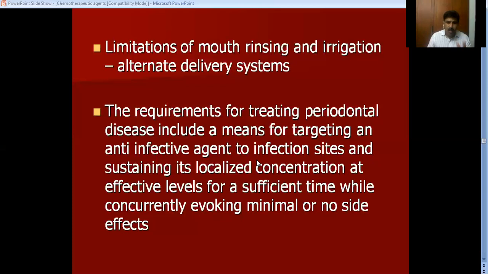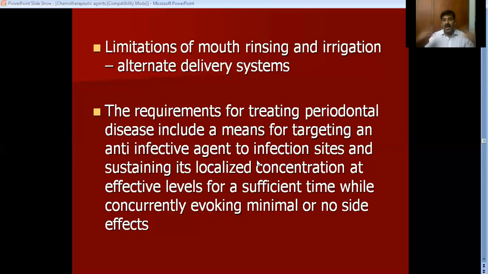So now what the investigators thought is, why not deliver these antibiotics just to that periodontal area? Now, when there is periodontitis, there is always a pocket. So why not develop a delivery system that you place within the periodontal pocket, and from within the pocket these drugs will slowly leach out and, over a period of time, act on that.